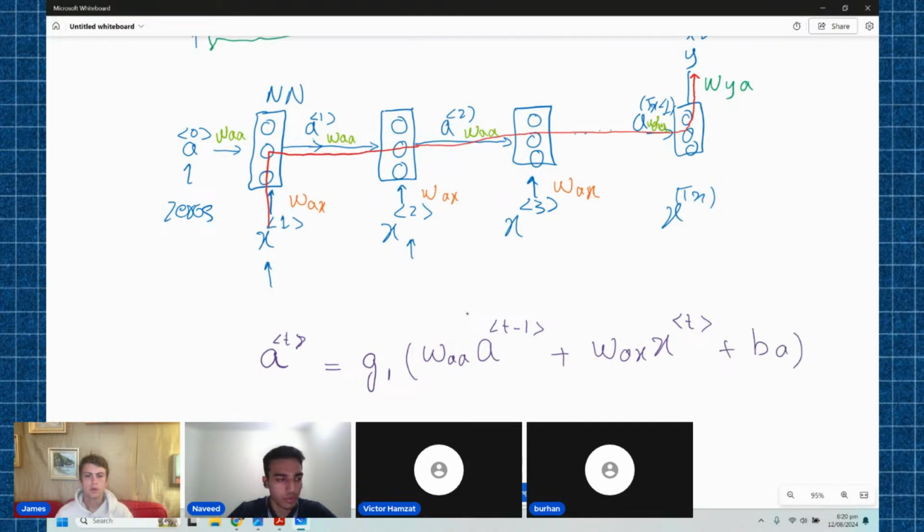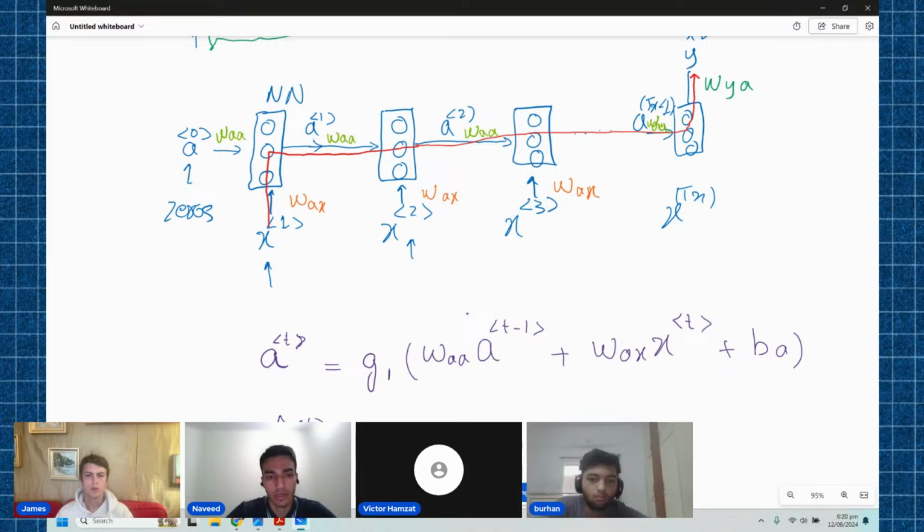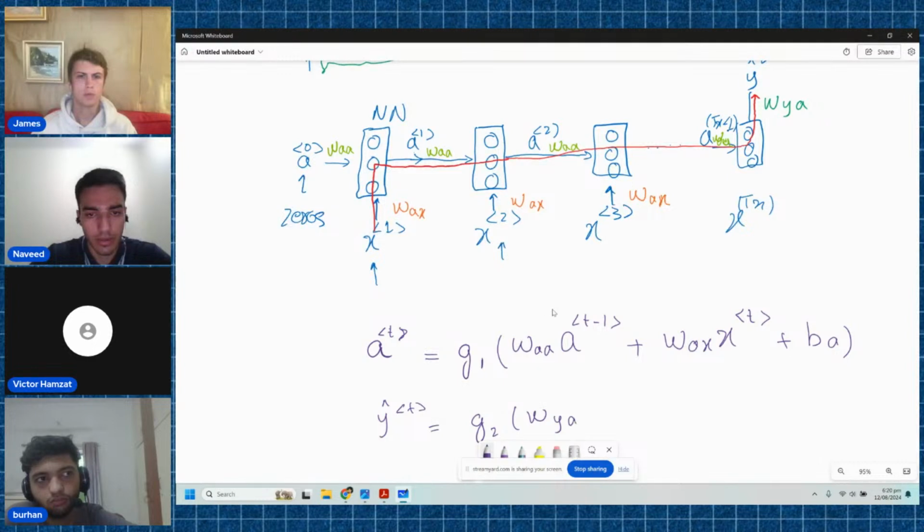And then to generate the output, Y hat T, where this T here is just 1 because we're producing a single output, but just like I explained, you could be generating an output at every single step as well. So that's why there's a T here. Y hat T is WYA times AT plus the bias term BY.